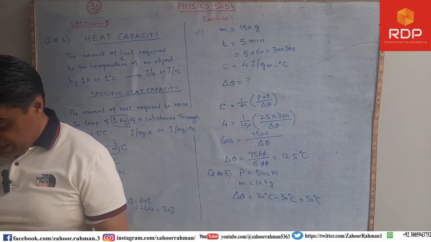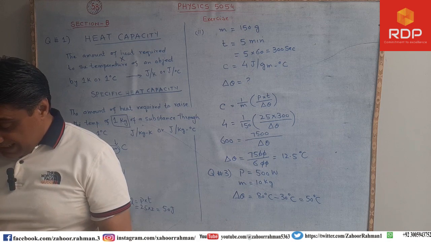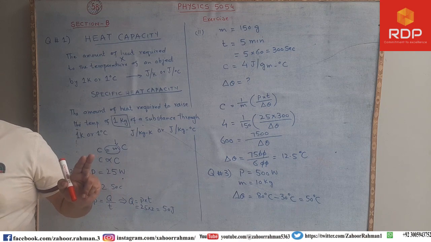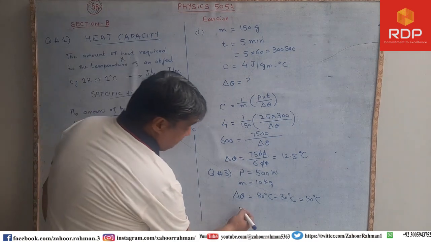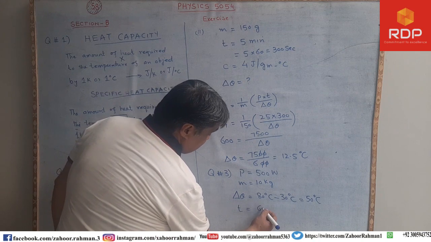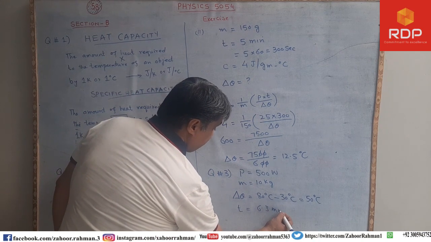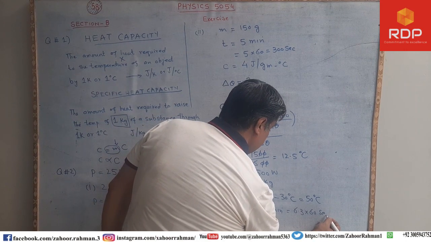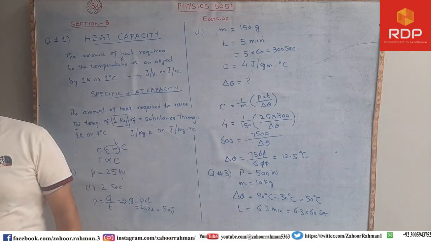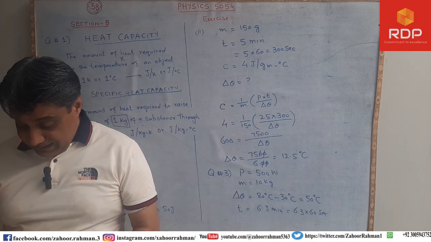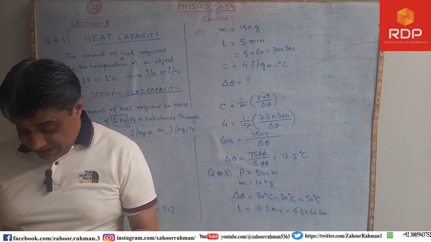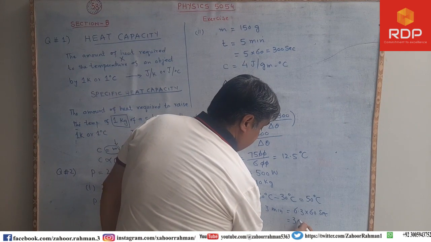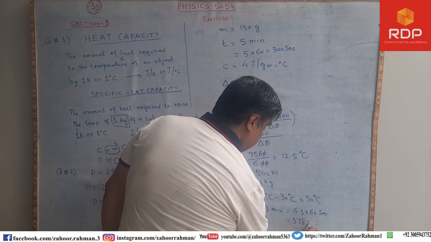Now ladies and gentlemen, let us understand the question. They are saying 10 kilogram with a temperature of 30. The initial temperature is 30. In 6.3 minutes, T, so we have to multiply 6.3 with 60, so it will become seconds. When we multiply this, we will get 378 seconds.